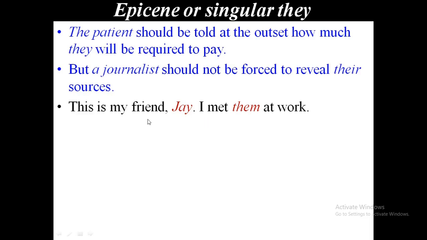When you are speaking with a third gender person, you cannot determine whether it is masculine or feminine, because the person combines both masculine and feminine features. So that's why third gender people are referred to with the pronoun them. That's why: this is my friend Jay. I met them at work.